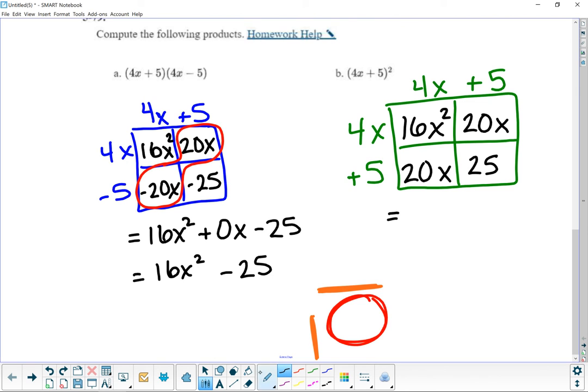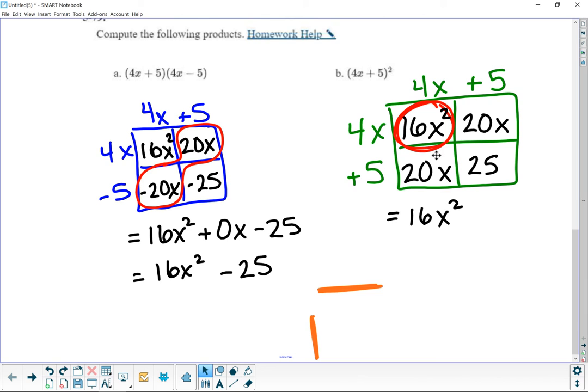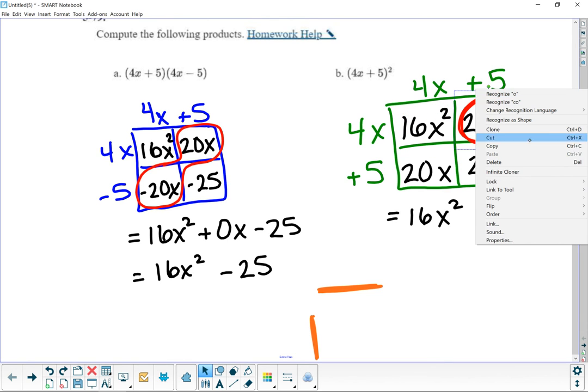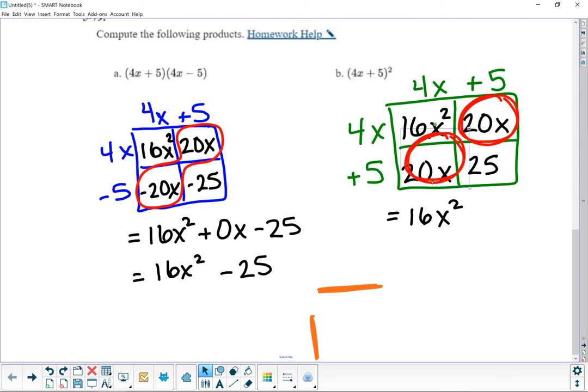okay, let's see. 16x squared. So basically, I need to put all the x squareds together, and that's the only thing I have with x squared. So we get 16x squared. Okay. 20x, and then is there any other x's that we have? Yes, there is another x, which is this one right here.